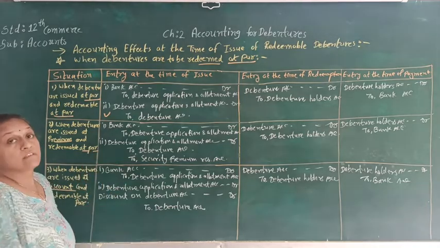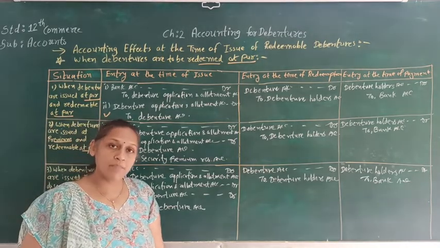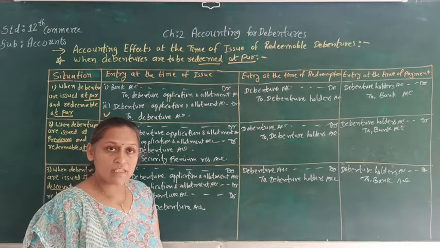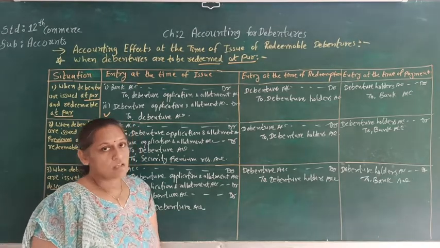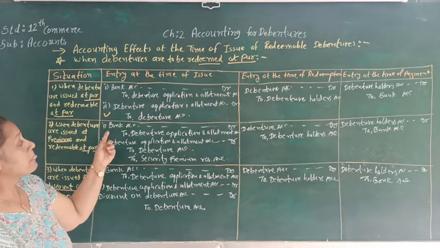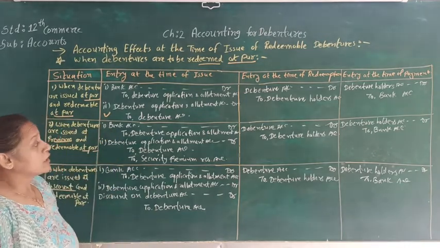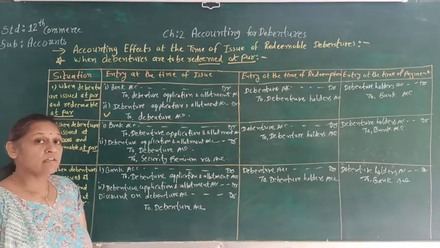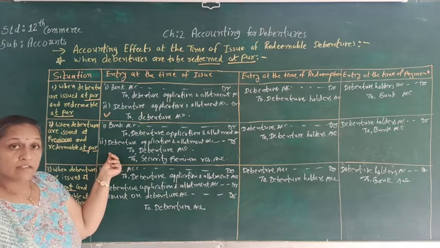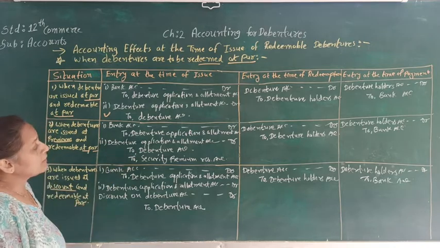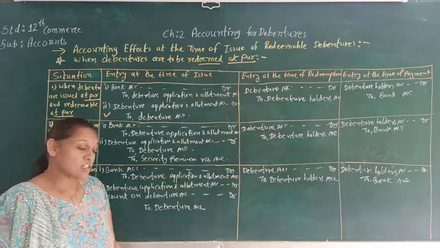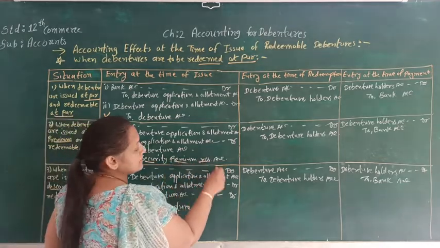So here the issue of debenture is at premium, but when we are paying the same, we are paying at par. So that time the journal entry will be: bank account debit to debenture application and allotment account, and the second journal entry will be: debenture application and allotment account debit to debenture account and securities premium reserve account.